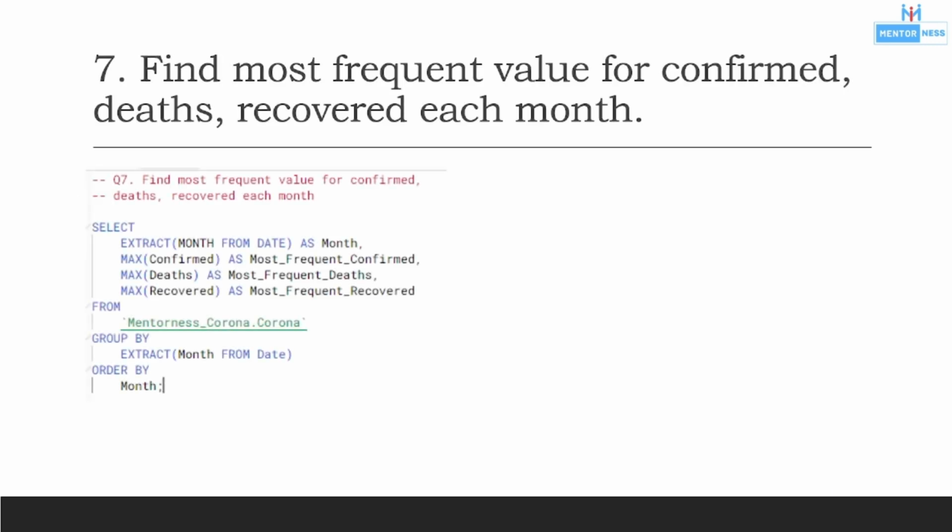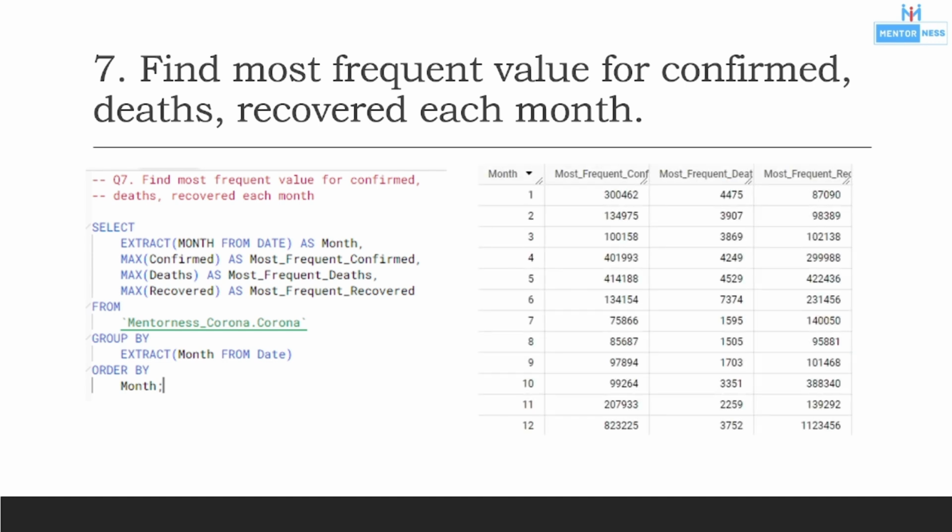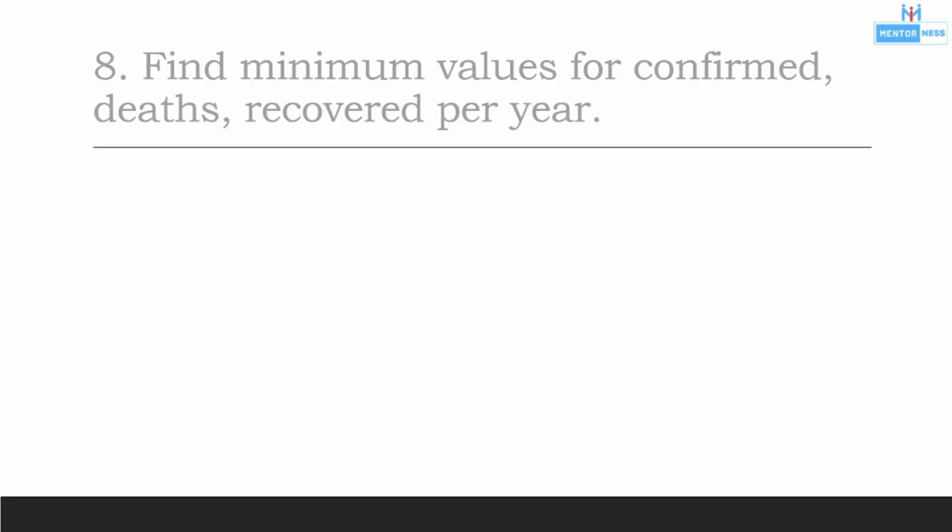And the seventh is to find the most frequent value for confirmed, death, and recovered cases for each month. So we will group it by month and check for every month, and the output is available on the screen.